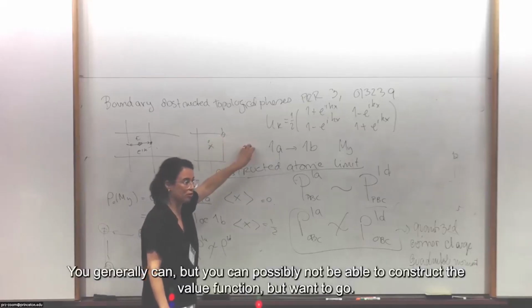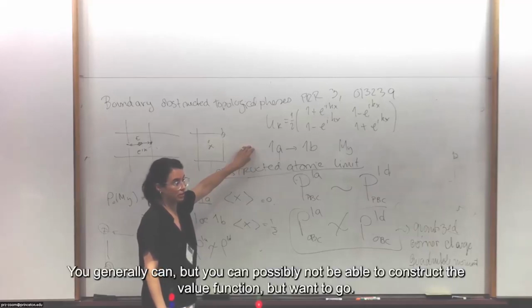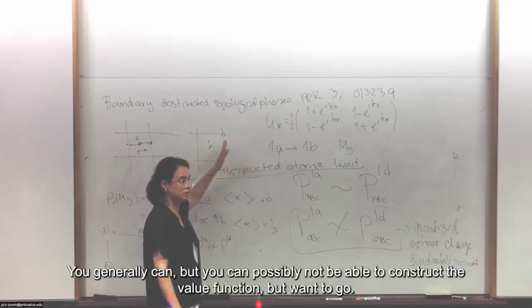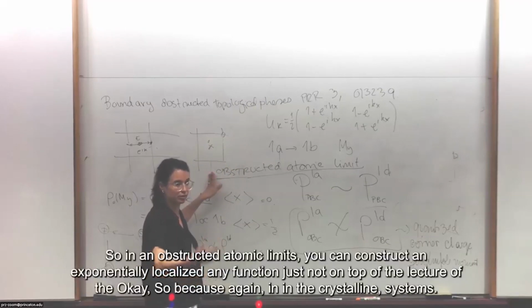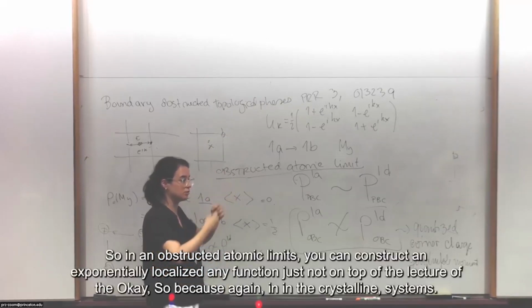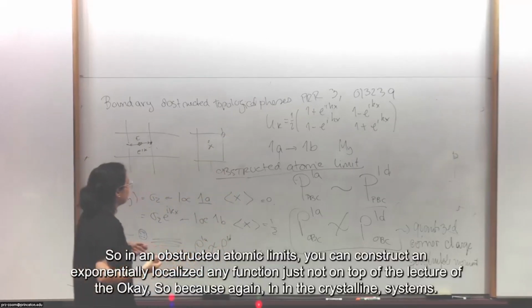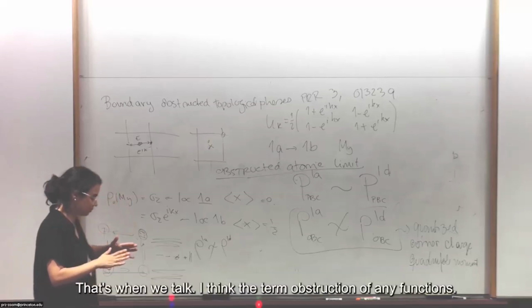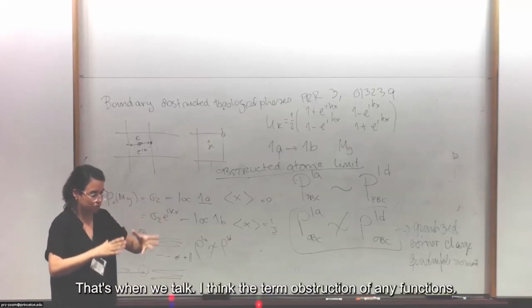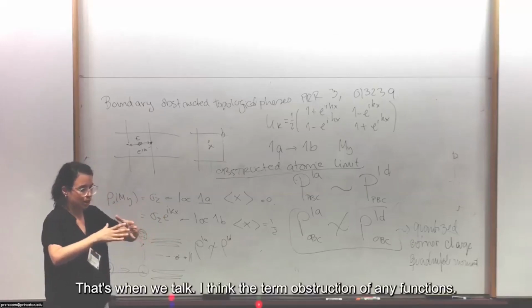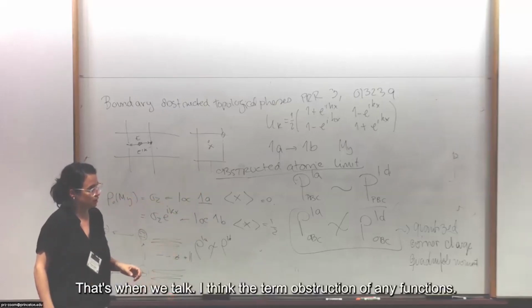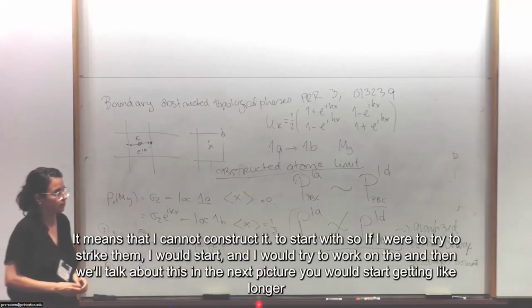It needs to be off it, in some other symmetric center, because again, in crystalline systems we have many equivalent symmetry centers that cannot really be deformed into one another. But when we talk about obstruction of Wannier functions, it means that I cannot construct them to start with. If I were to try to construct them, I would start and try to orthogonalize them, and we'll talk about this in the next lecture. You would start getting longer and longer tails, and you end up having polynomially localized Wannier functions.